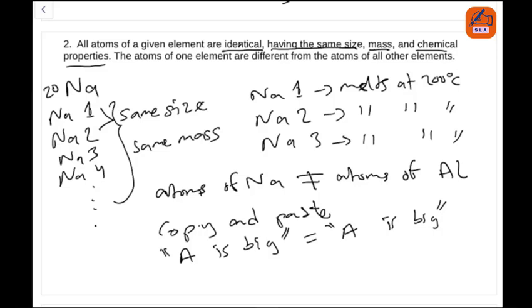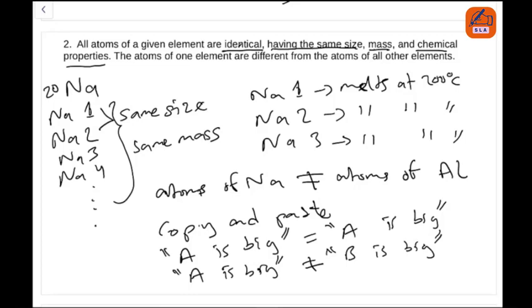So you have copy and paste. So this is the same. When you have sodium atom number 1, it will be exactly identical with sodium atom number 2. That will be exactly the same. But if this text here was "A is big," then for the analogy of sodium and aluminium, it is the same as saying "A is big" will not be equal to "B is big," because we have a change here.